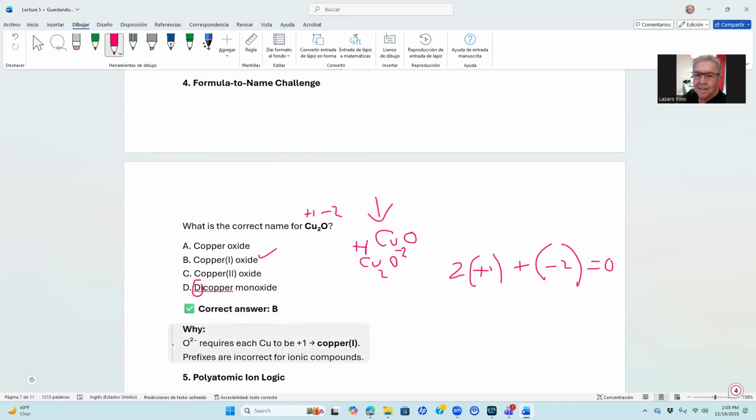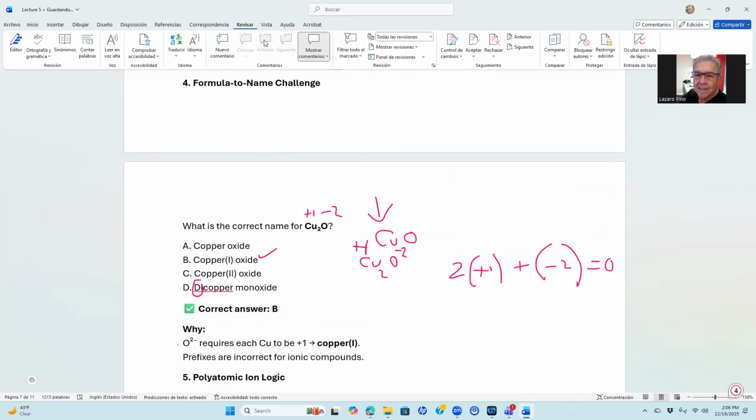Let's see what answer they give for this exercise: copper monoxide, no prefixes, because it's a metal with a non-metal.